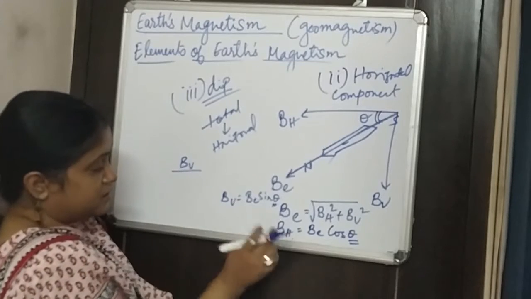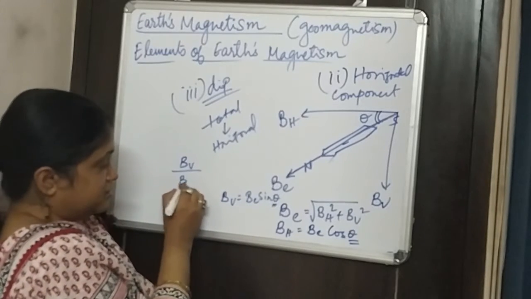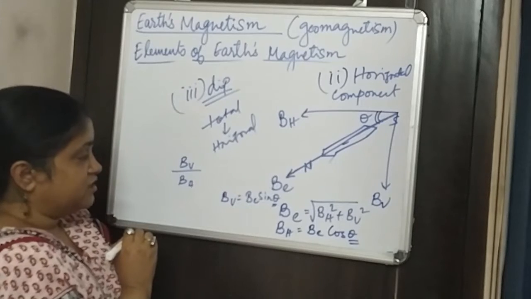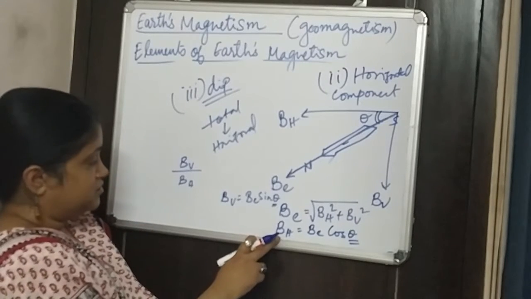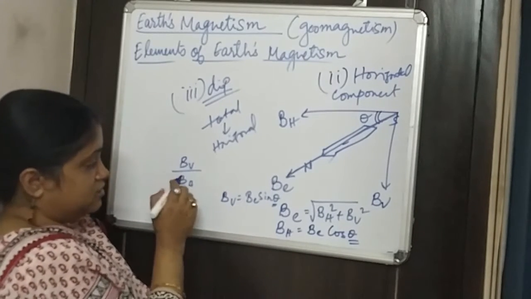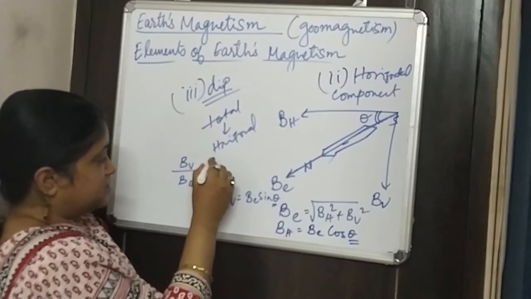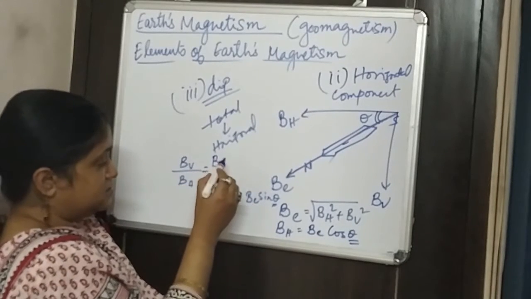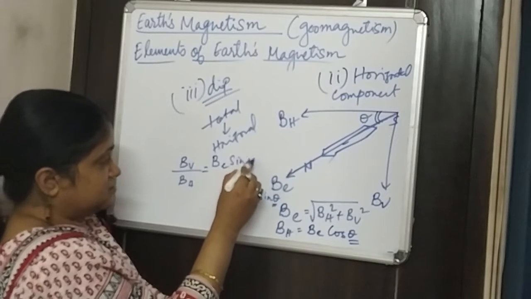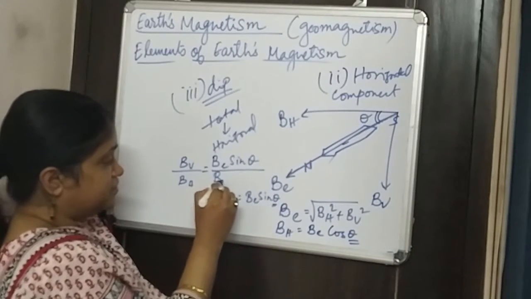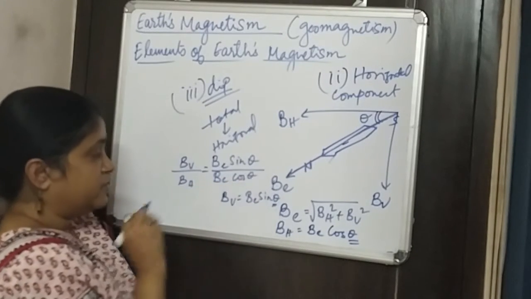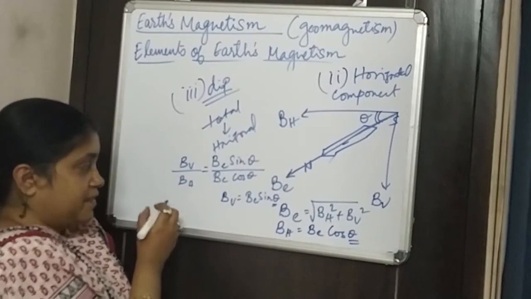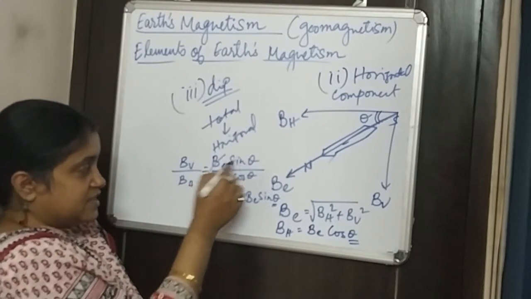Suppose we take BV by BH. Then we can say that BV by BH is BE sin theta by BE cos theta. So from here this gets cancelled.